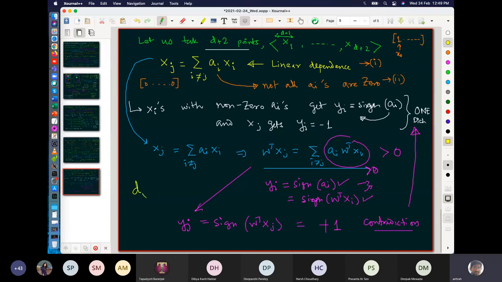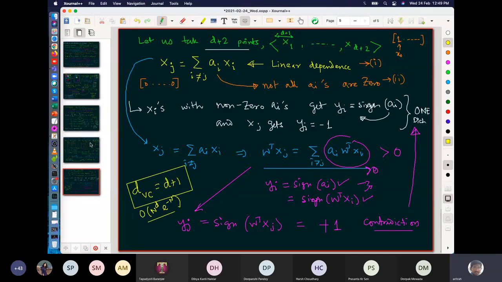So finally, we reach that a d-dimensional perceptron has a VC dimension of d plus 1. See, it's an enormous result, because I can now say that my generalization bound is of the order of e to the power minus n, isn't it?